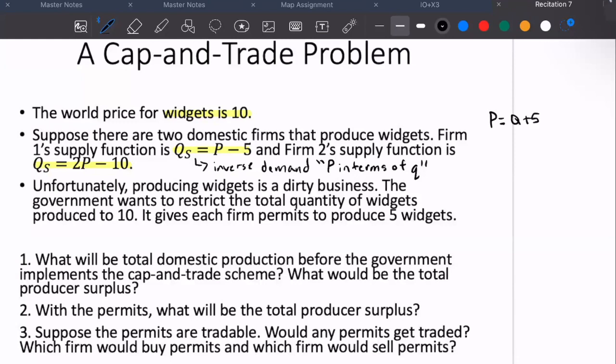And then for our second function, we would have 2P equals 10 plus Q. We divide by 2. That should be 5 plus 1/2 Q. So our two inverse functions are going to be P equals Q plus 5 and P equals 5 plus 1/2 Q.